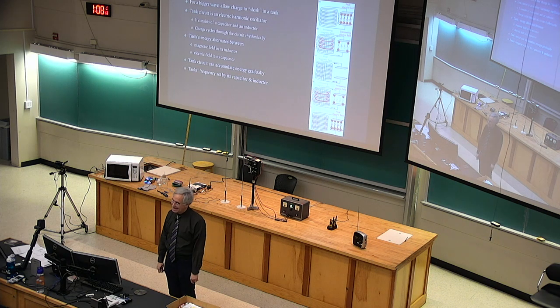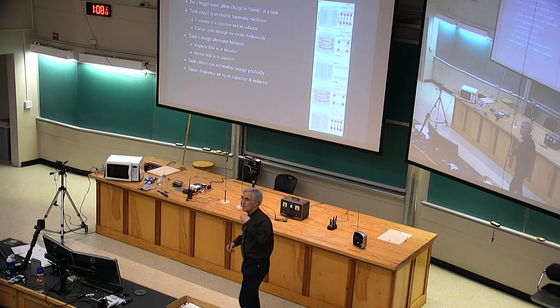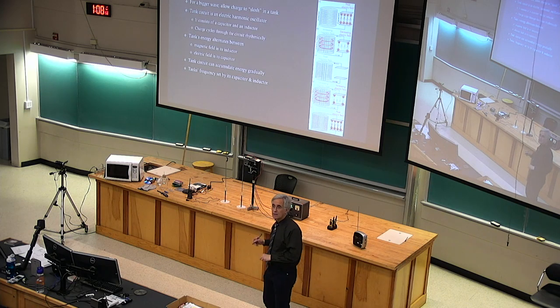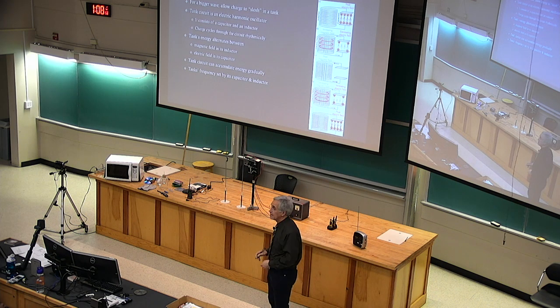Okay. So it's rhythmic. The frequency of its behavior is the number of times it reaches some part of its cycle every second. In this case, we could decide that the part of the cycle we'll pay attention to is when the positive charge is on the top plate and all the energy is in the capacitor.